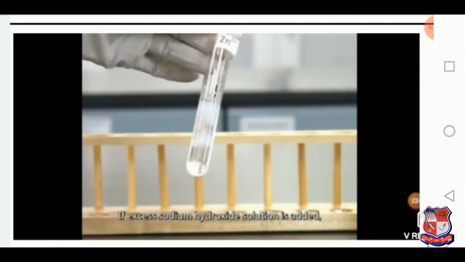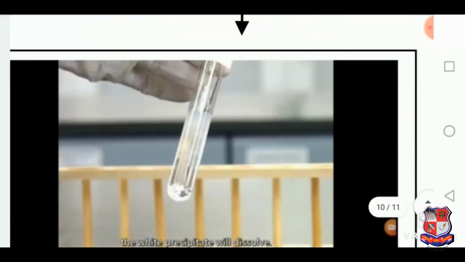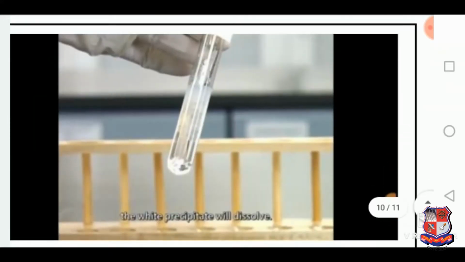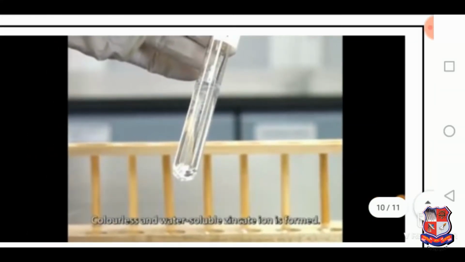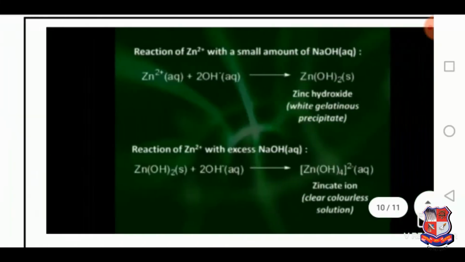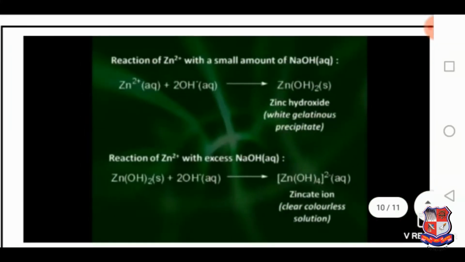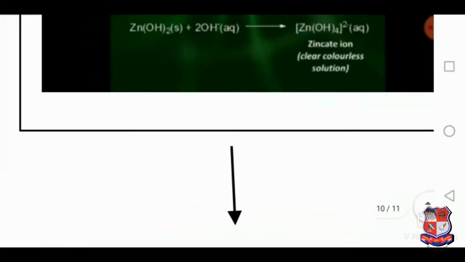If excess sodium hydroxide solution is added, then the white precipitate will dissolve. Colorless and water soluble zincate ion is formed. This is a reaction of zinc ion with small amount of NaOH and with excess amount of NaOH.